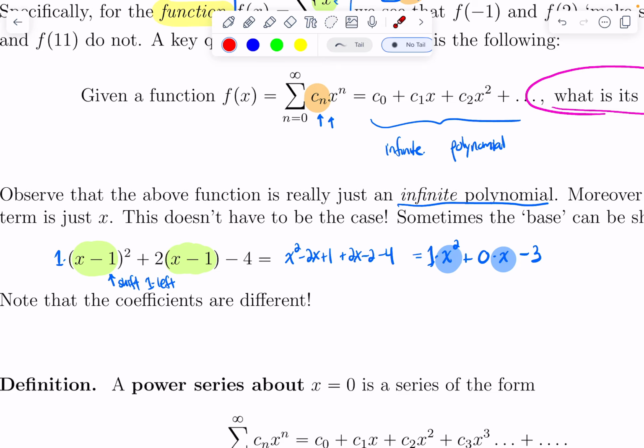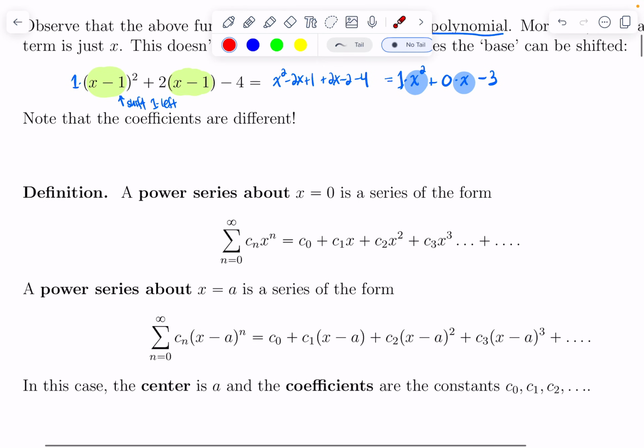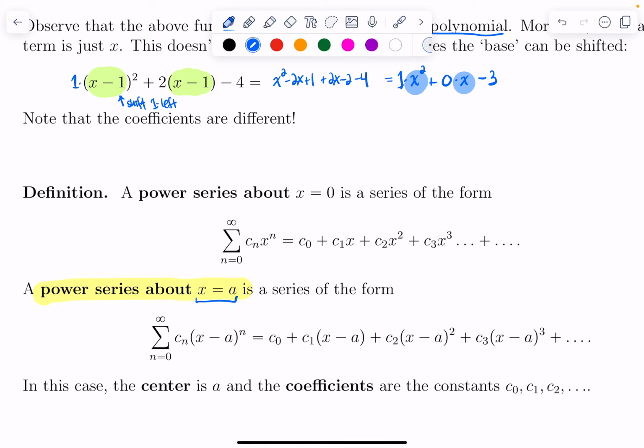And now we're ready to introduce the topic of the remainder of this chapter. We're going to define, we'll do this one down here first, a power series about a particular input. So this is going to be about x equals a, is going to be our infinite polynomial whose base got shifted over to a.